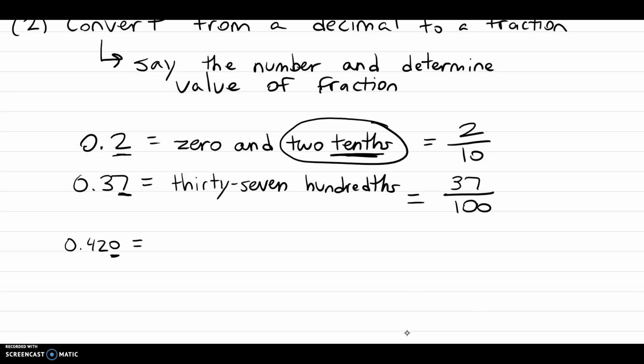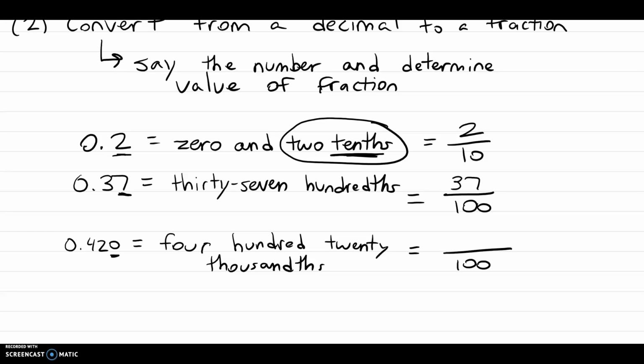So here, this time I've got 420 thousandths, so my denominator is 1,000 because that was the place value, thousandths, and on top is 420.